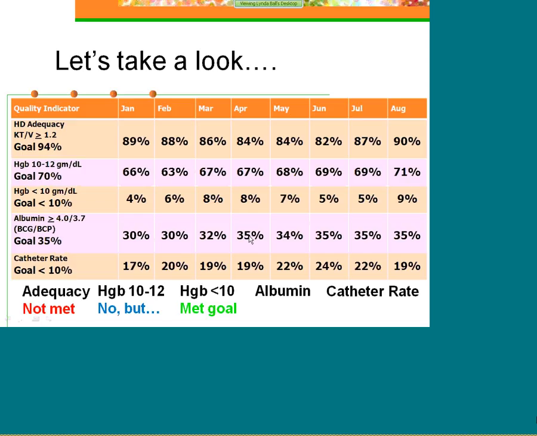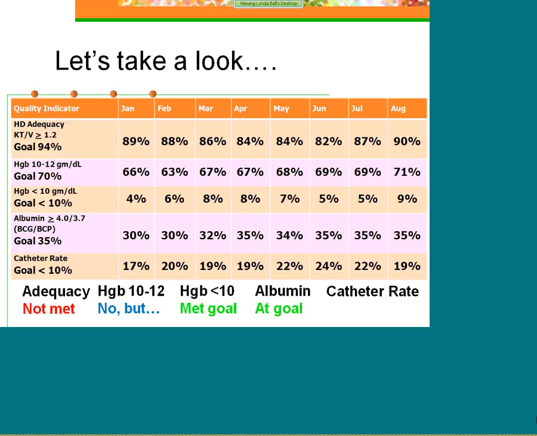But look, we had April and June and July and August, so we're right at goal. But if we've got some sick people come back from hospitalization, or we get some new patients coming in, and we get 5 or 6 new patients in 1 month, that can have a profound impact on that albumin. So we want to try to get above the goal if we can, so that when we do get 1 or 2 patients in there, they won't drop us down.